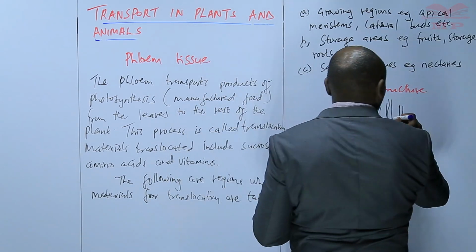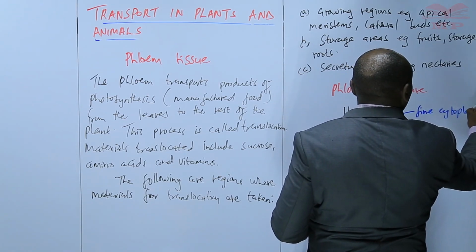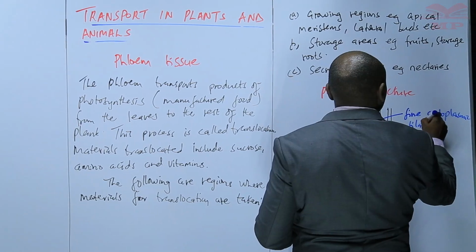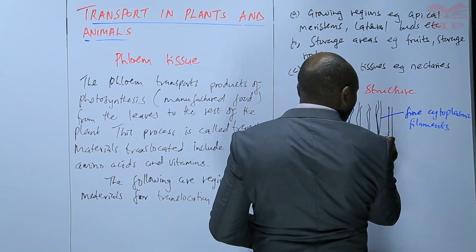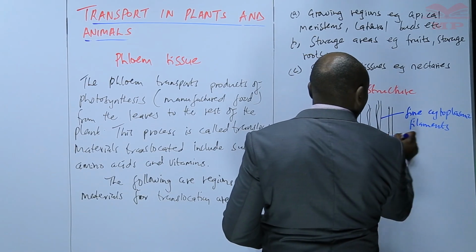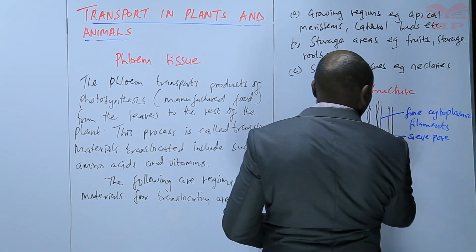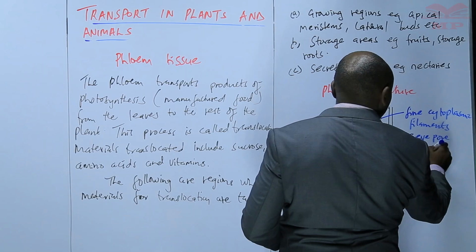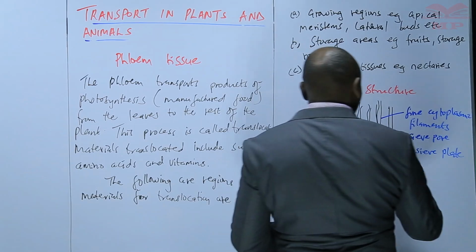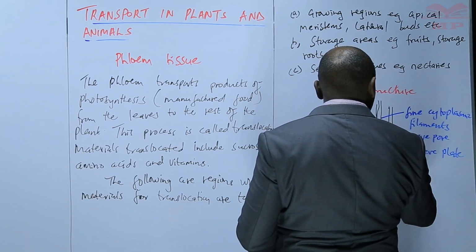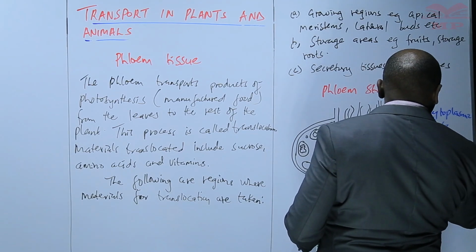So we have the fine cytoplasmic filaments. Then those filaments pass through some sections that we refer to as the sieve pore. Then we have the sieve plate. And then the entire structure is called a sieve tube.